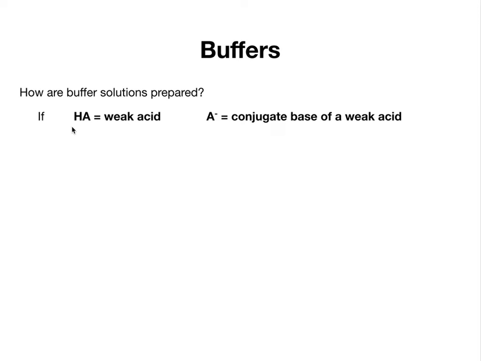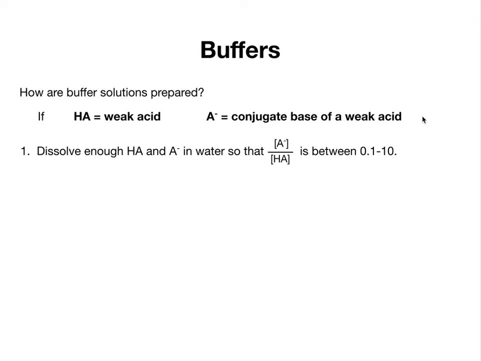So on this slide, we're considering HA to be a weak acid, and we're considering the anion to be the conjugate base of a weak acid. So one way we could make a buffer is to dissolve enough of a weak acid and its conjugate base in water so that the ratio of the conjugate base to the weak acid is between 0.1 and 10. But there are a couple of other ways we can make buffer solutions.